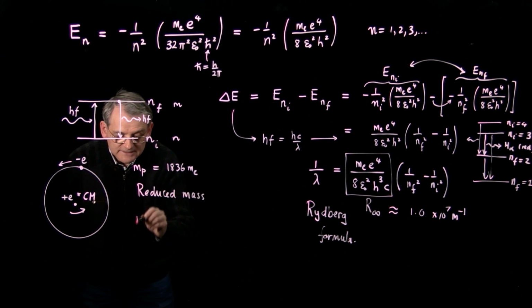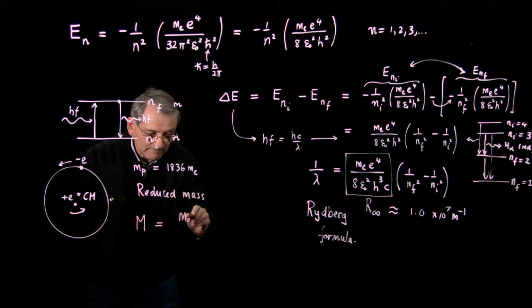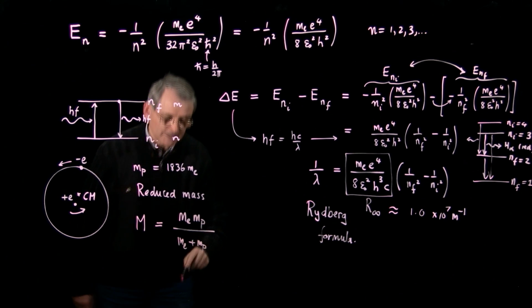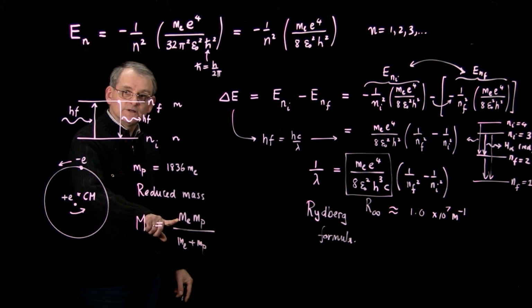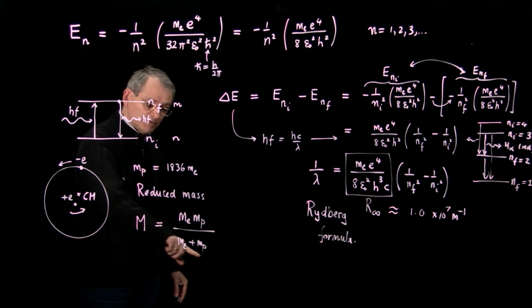And the reduced mass, which is given the symbol μ, in the case of the electron and the proton, is the mass of the first particle, the electron, times the mass of the second particle, the proton, divided by the sum of the two.